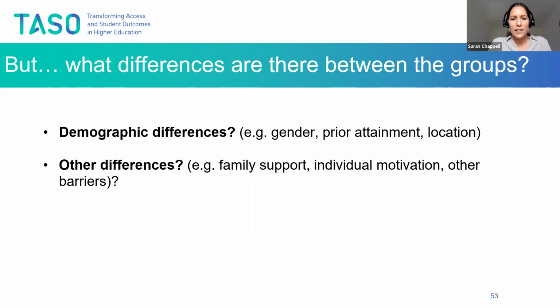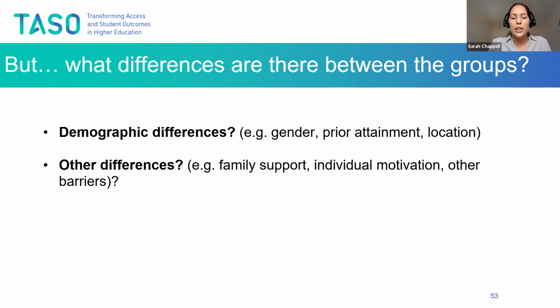But unfortunately, if we did take that conclusion, there would be some problems. There are going to be key differences between these groups. Some might be observable, such as gender. For example, we might find that the majority of students who attended the summer school were female, and we know from other research that females are more likely to enroll in HE than males.